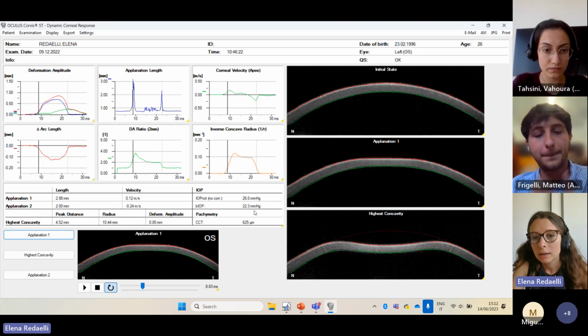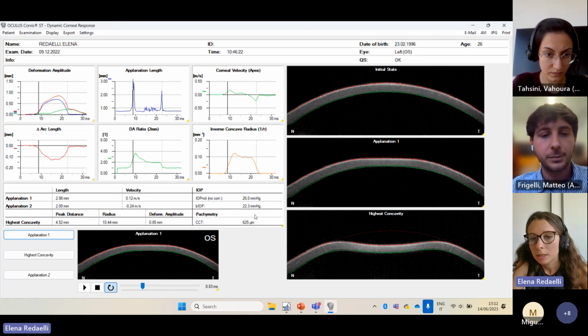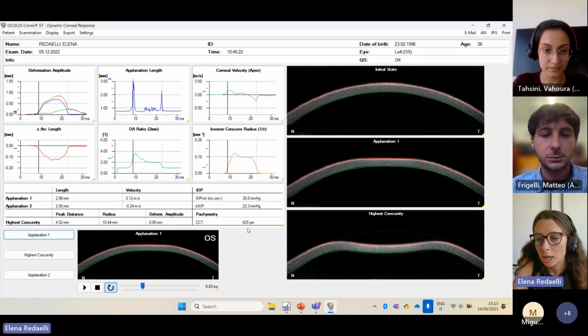But the way this parameter was calculated doesn't take into account the mechanical properties of the corneal tissue. It takes into account the thickness and the age of the patient, which was aimed to simulate the mechanical properties. But still, there is a lot of work to do in decoupling the factors.